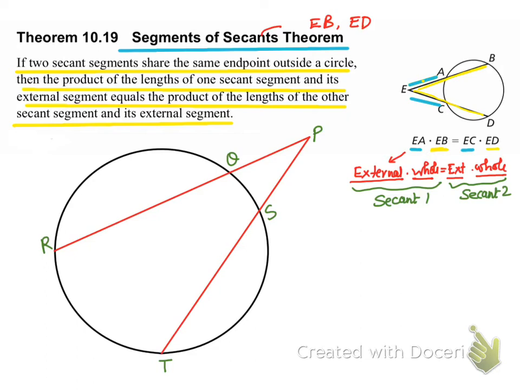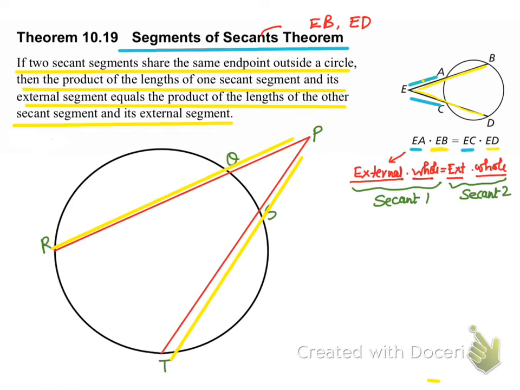Here our whole secant is this, R to P, or PR. And what is the whole secant in the other one? It is this one, TP, the whole thing. And what is the external part here?